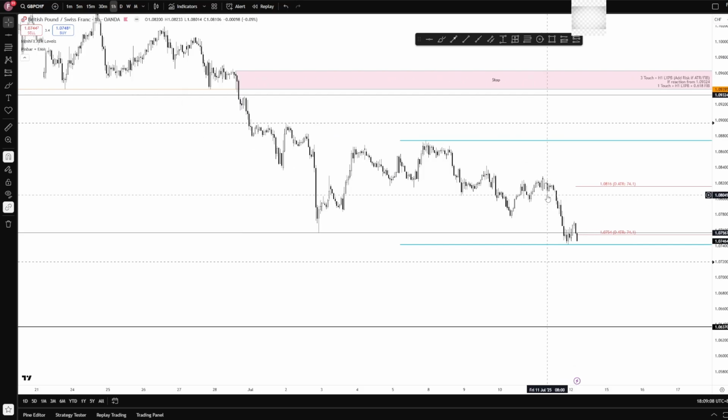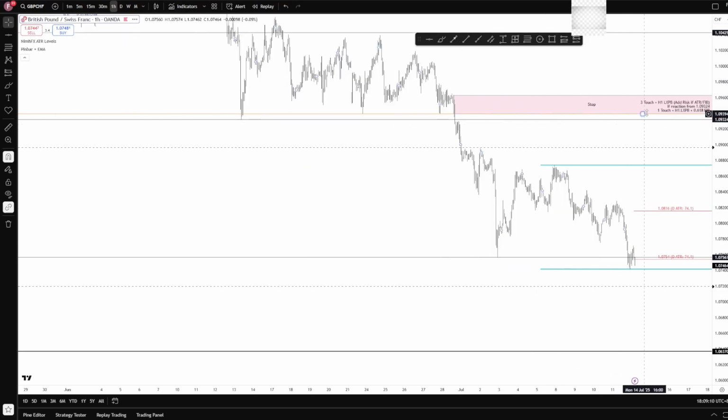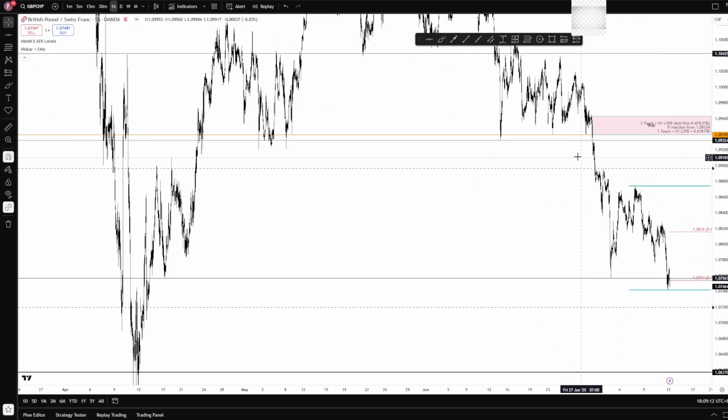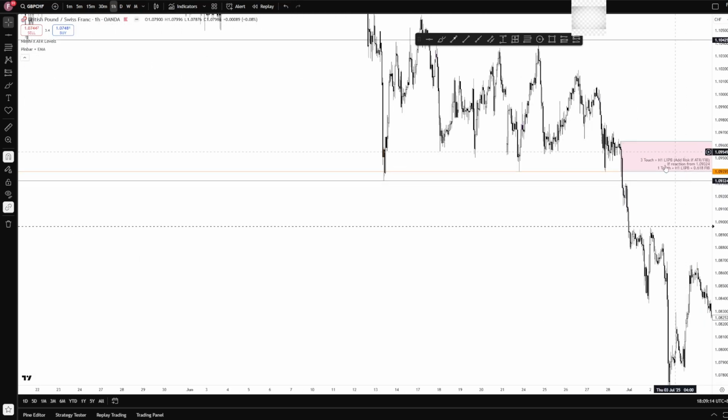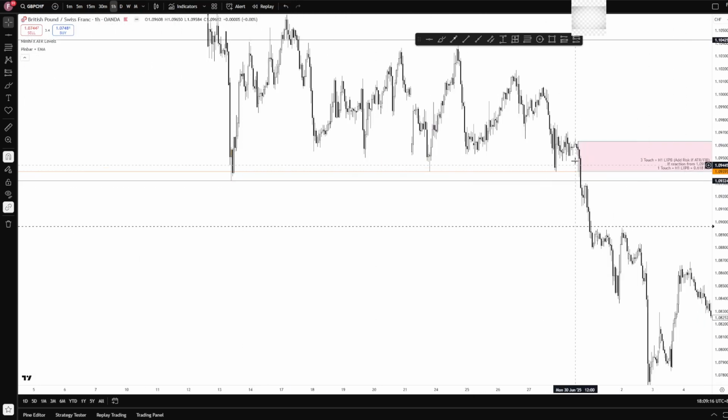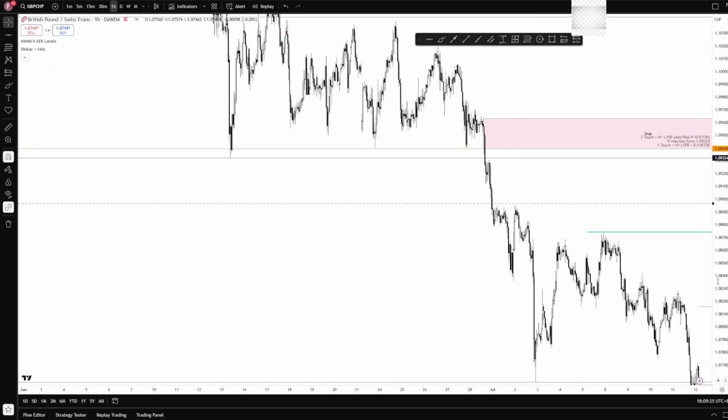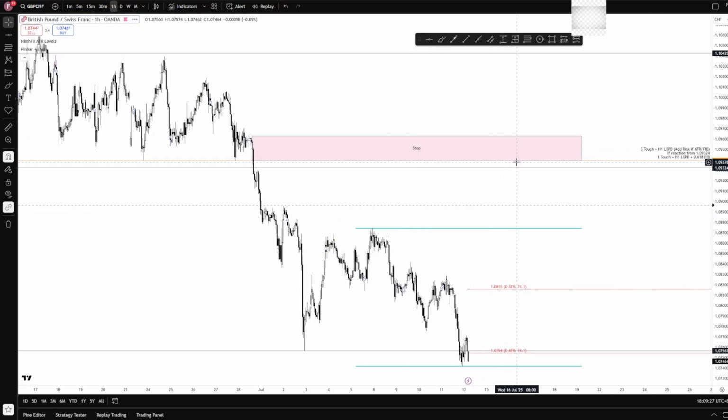So if we can go upwards towards the pink box, where the breakdown was clean, and you can see this daily low, once the H1 closed through there was no retest on the H1. So this is a very clean level, very strong move away. Once the price returns, I'm looking to set some offers.